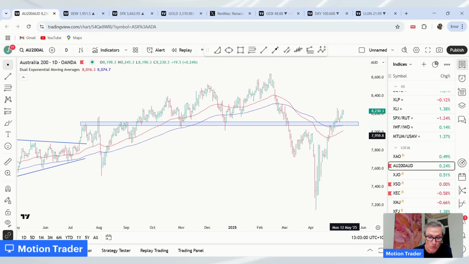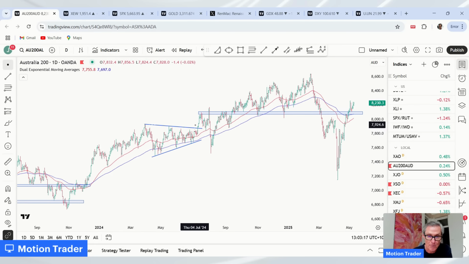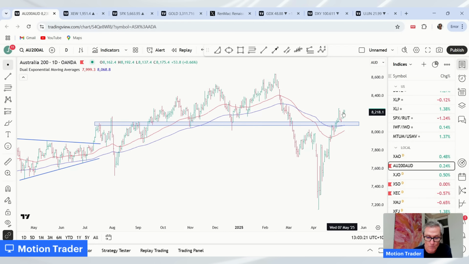And most importantly, the ASX 200 price is consolidating above the moving averages. So I think it's still early, and there's more work to do before we can say prices are established above the moving averages, like what we had in the previous year. I think there's a bit more to do before we can say that, but this is how getting prices established above moving averages starts.